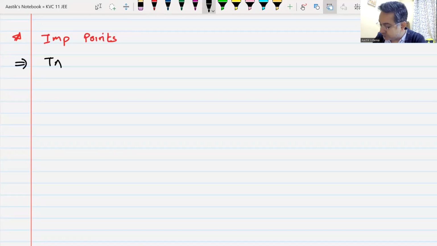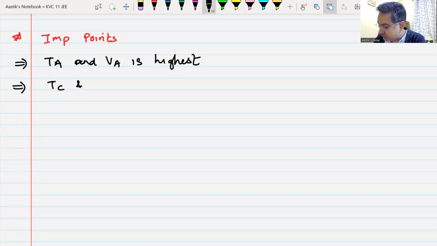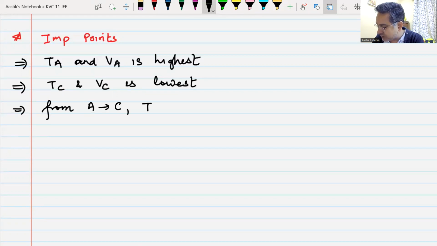Point number 1, tension at A and velocity at A is highest. Point number 2, tension at C and velocity at C is lowest. From A to C, tension and velocity decrease. We all understand this? Yes or no?